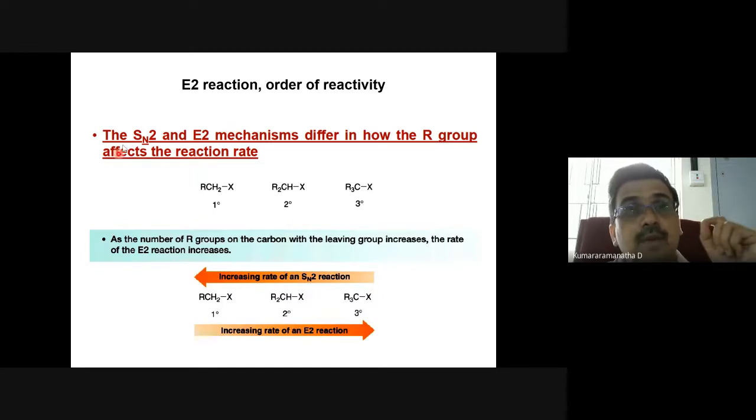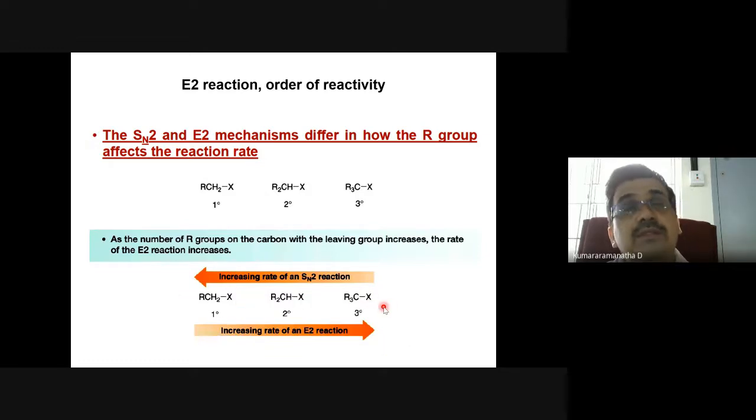If you compare SN1 to SN2 mechanisms, they are exactly opposite in reactivity, because we have taken the tertiary butyl group, which is the SN1 example. But you see how beautifully the SN2 and E2 mechanisms differ and how the R groups affect them. These are primary, secondary, and tertiary alkyl groups bonded to carbon. You know that the SN2 reaction will have the highest activity in the case of methyl or primary carbons.